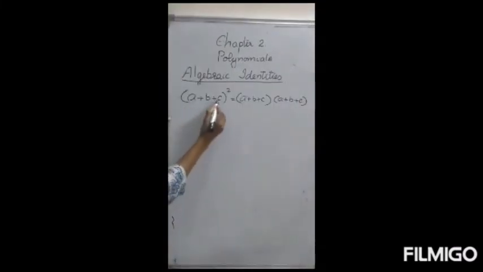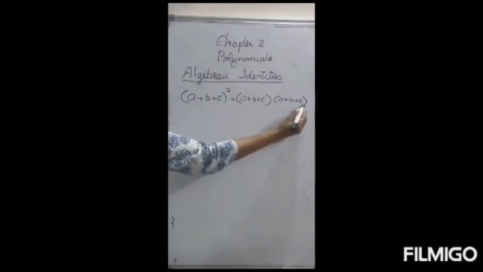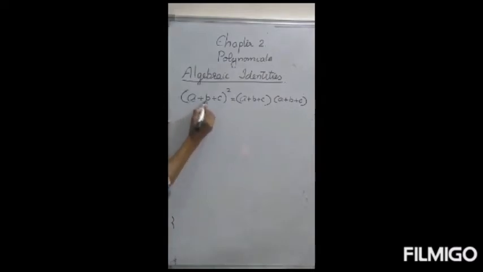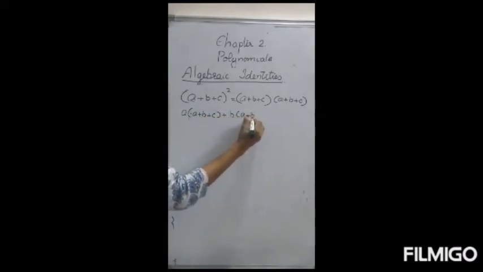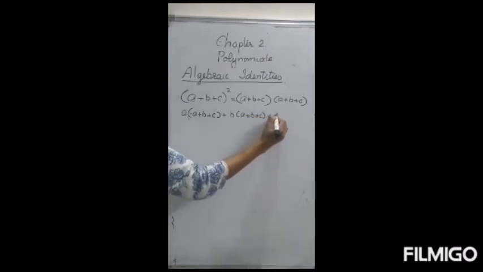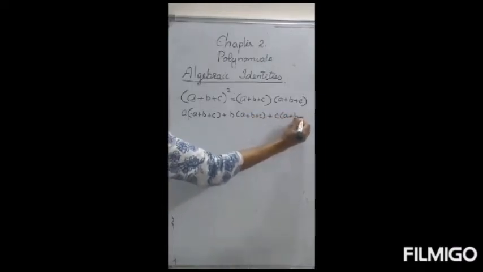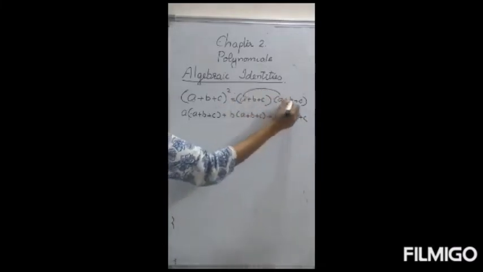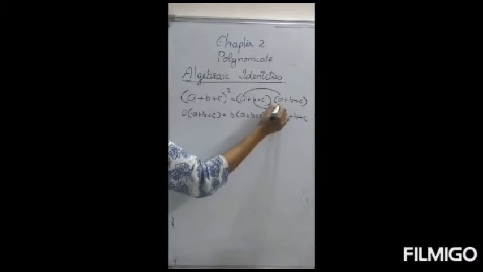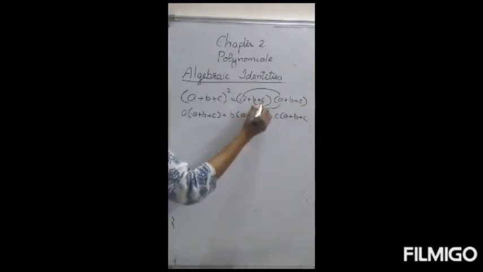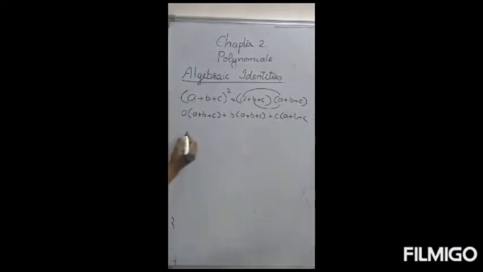Now next, (a + b + c) whole square. That means (a + b + c) into (a + b + c). Here we are taking three terms. So again a into (a + b + c) plus b into (a + b + c) plus c into (a + b + c).